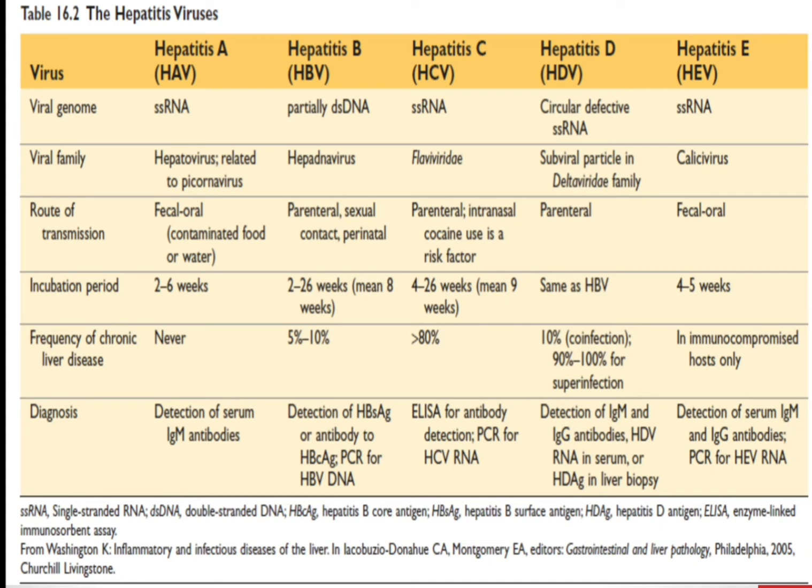Hepatitis C is ELISA for antibody detection and PCR for hepatitis C virus RNA. Hepatitis D diagnosis is detection of IgM and IgG antibodies, hepatitis D virus RNA in serum, or hepatitis D antigen in liver biopsy. Hepatitis E diagnosis is by detection of serum IgM and IgG antibodies, PCR for hepatitis E virus RNA.